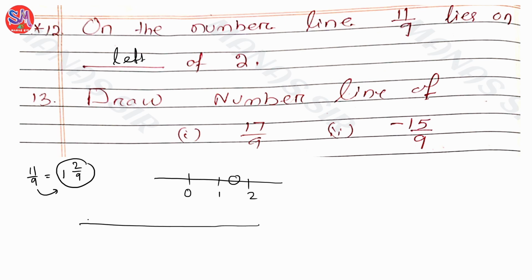Okay, first draw a number line. First is 11 by 9. Okay, first is 0, then 1 by 9, 2 by 9, 3 by 9, 4 by 9, 5 by 9, 6 by 9, 7 by 9, 8 by 9, 9 by 9, that is 1, then 10 by 9, 11 by 9, 12 by 9.